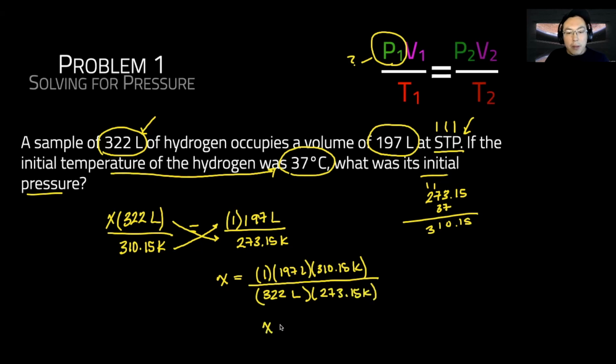Once we do the math, we will get 0.69 and the remaining unit will be the atmospheres, right? That belongs to this guy. I didn't write it here, but let's write it here, times atmosphere. So our unit for this would be 0.69 atmospheres. This would be for our initial pressure.